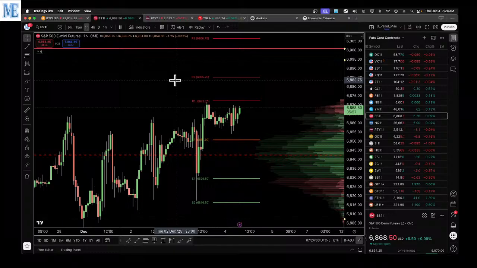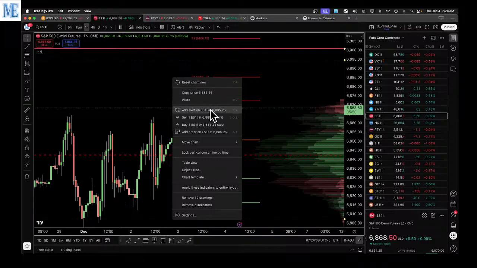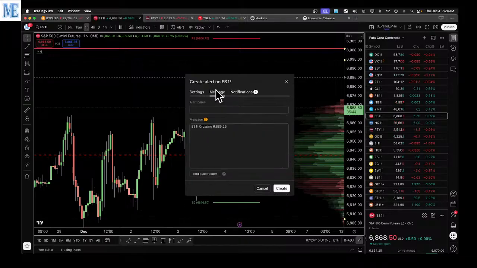I would say today, if you're looking for a spot, 68.8525, which is an R2. That is a good area.